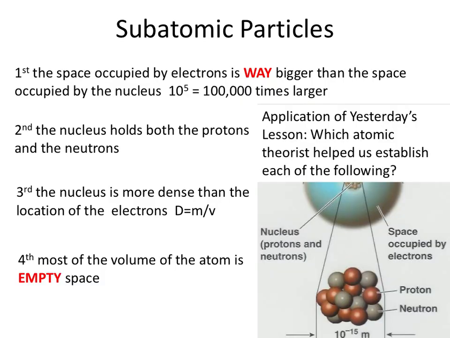Let's go ahead and refresh and reinforce some of the concepts that we've covered from our previous lecture. So the space occupied by electrons is way larger than the space that's occupied by the nucleus. A reference point for you would be something like a football stadium. Some of the larger football stadiums in the country hold somewhere around 100,000 people.